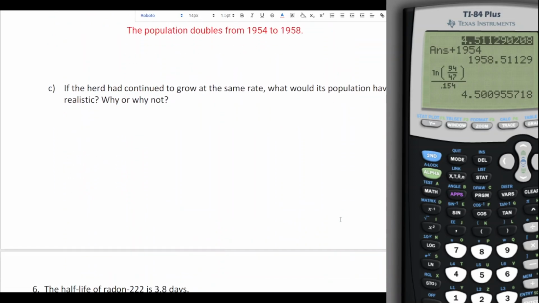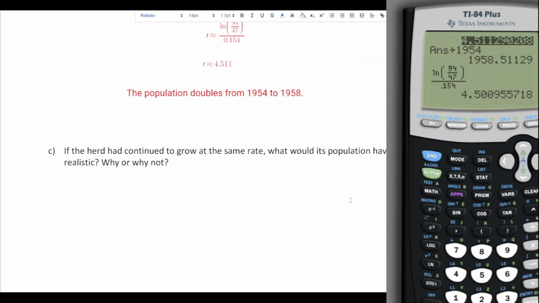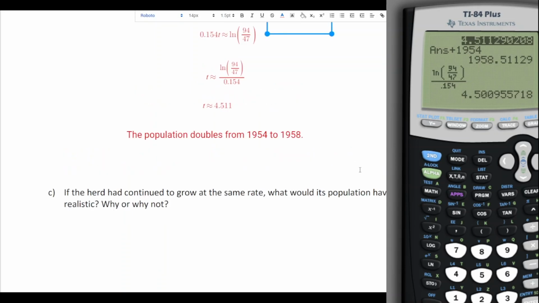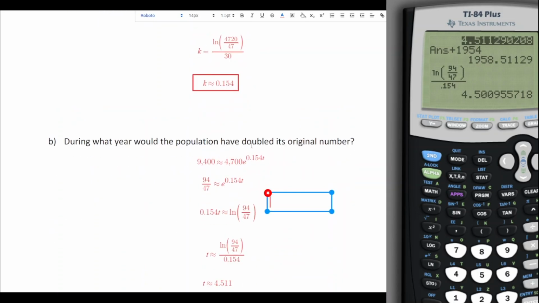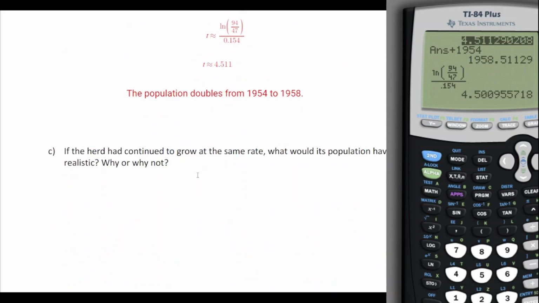Okay, so letter C: if the herd had continued to grow at this rate, what would the population have been in 2010? Now that we know k, we are going to figure out what this would be. 2010 would be 2010 minus 1954, just to figure out what my t value should be.